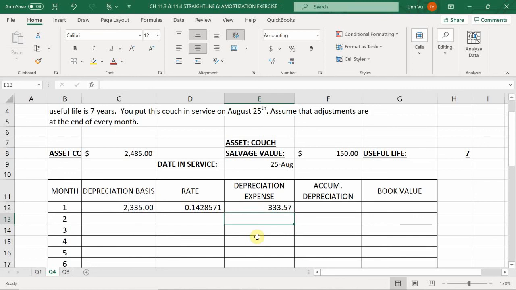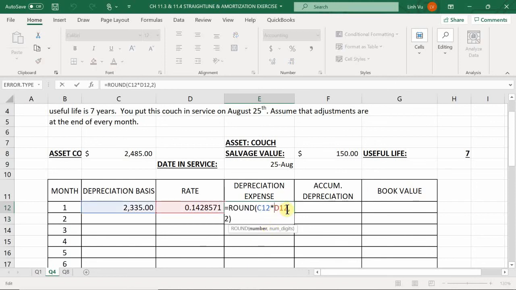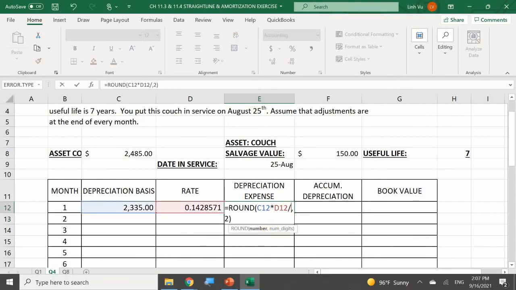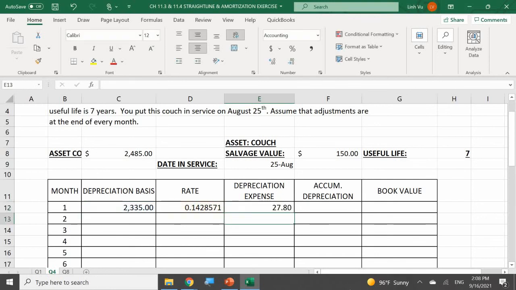Divided by the number 12. So 27.80. $27.80 is correct.